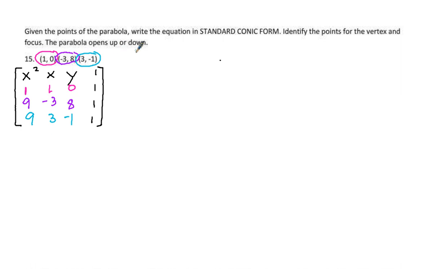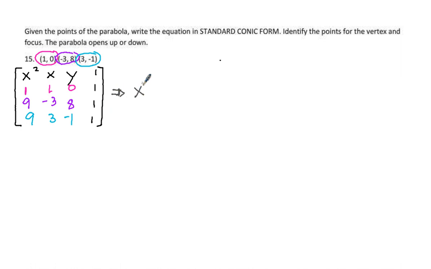Now if your parabola opened right or left, we would change this column to a y squared column, and you would be squaring the y values. That is the only difference between a vertically opening and a horizontally opening parabola. So now we have to find the determinant of this matrix.